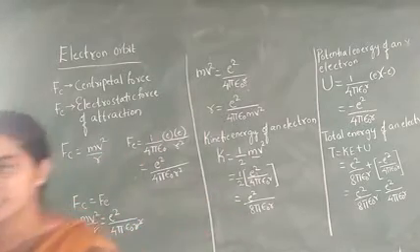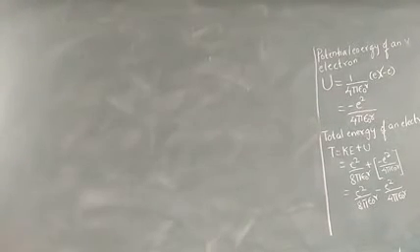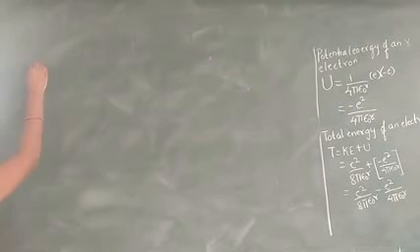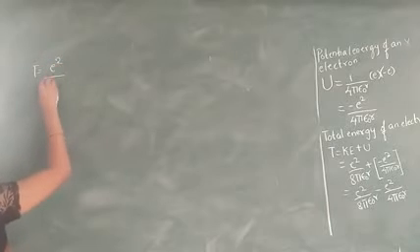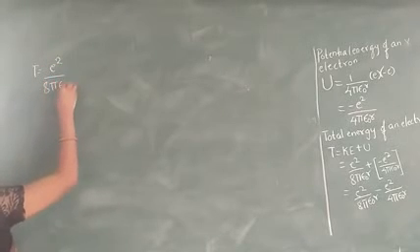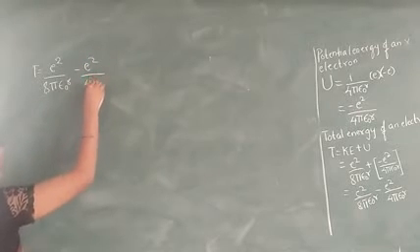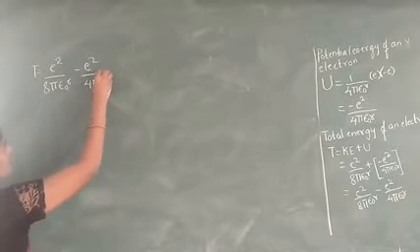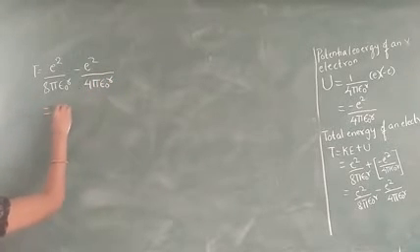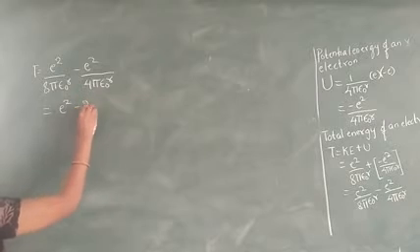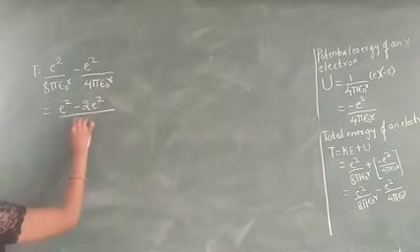Now next, the calculation part. The total energy we are getting as T is equal to e square divided by 8 pi epsilon naught r minus e square divided by 4 pi epsilon naught r. Or this can be written in the form of e square minus 2 times e square divided by 8 pi epsilon naught r.